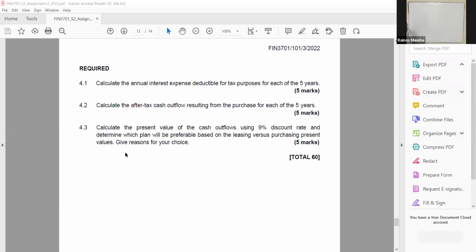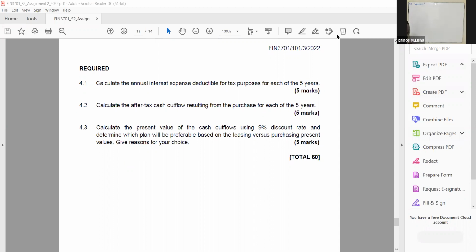So to calculate the after-tax cash outflows, we need to calculate the depreciation, where the depreciation is based on the straight line method.